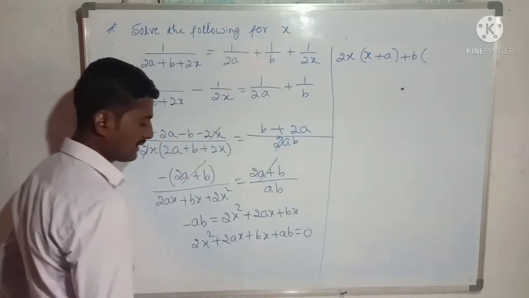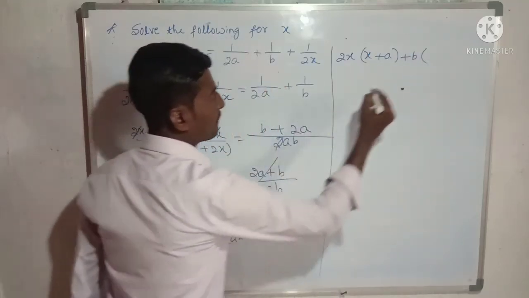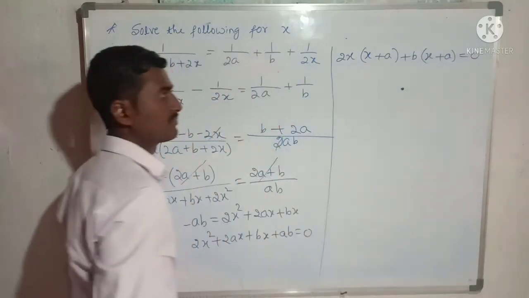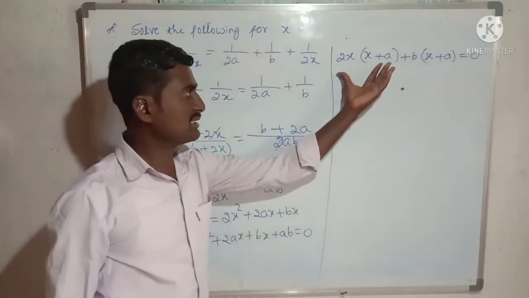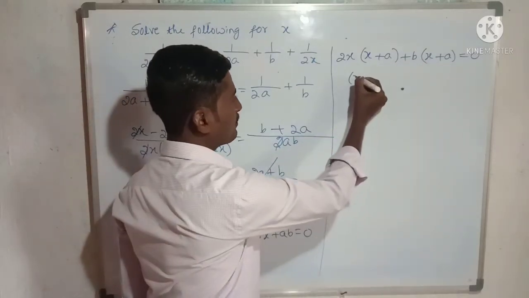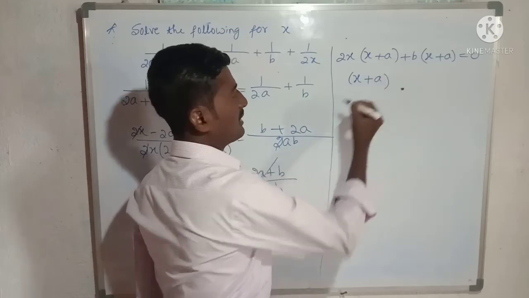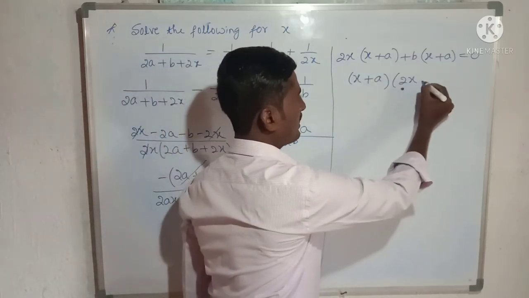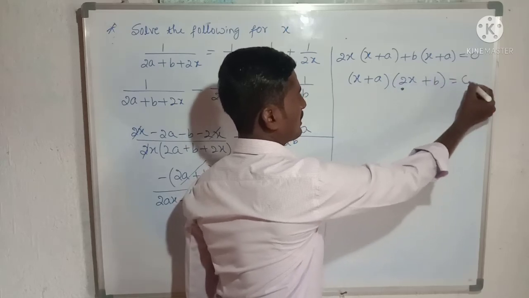Inside what will be there? X plus a. X plus a is equal to 0. Now this is one term, this is another term. The common factor is what? X plus a. Now what is the remaining? 2x plus b. 2x plus b is equal to 0.